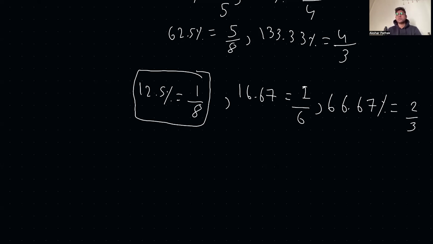Of course, you know it. 1 by 3 of 100 is 33.33%, and 2 by 3 is 66.67%. You might have also done these calculations during your eighth class, I'm sure.